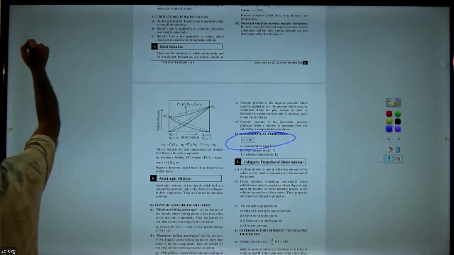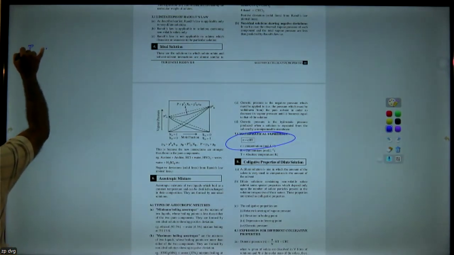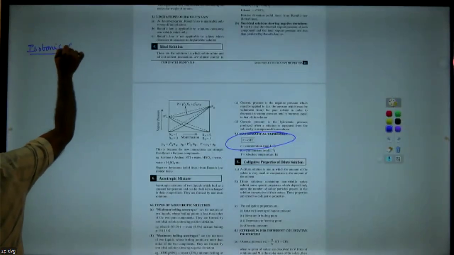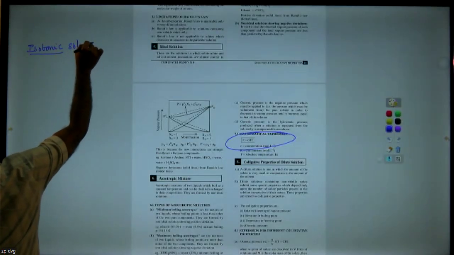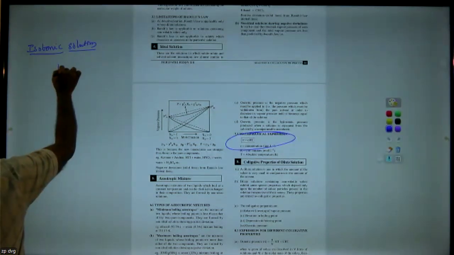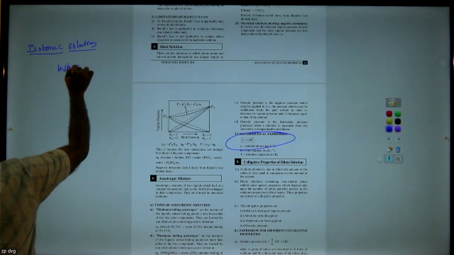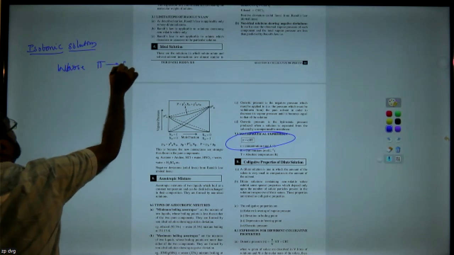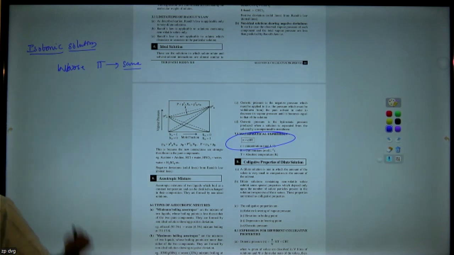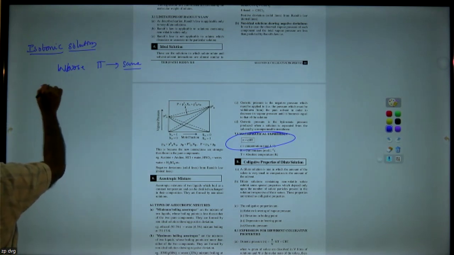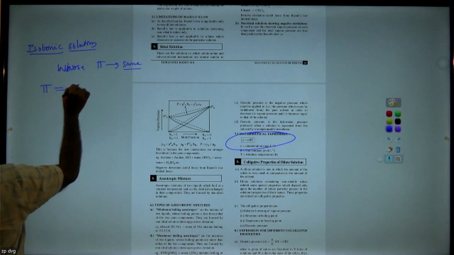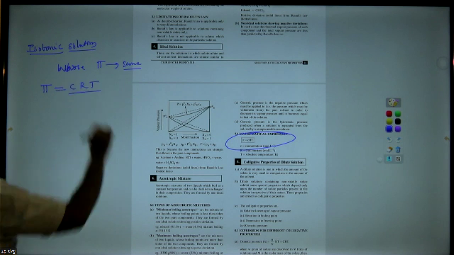Next, one more important point: isotonic solutions. What are isotonic solutions? The solutions whose osmotic pressure, whose pi, is the same are known as isotonic solutions. The formula to get osmotic pressure is pi is equal to CRT.